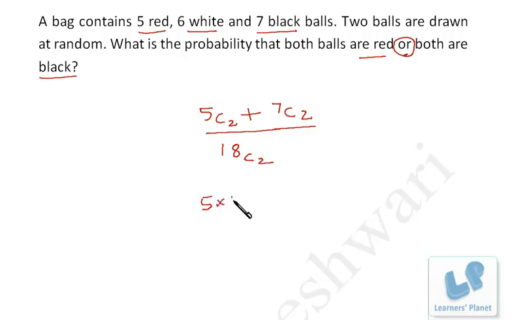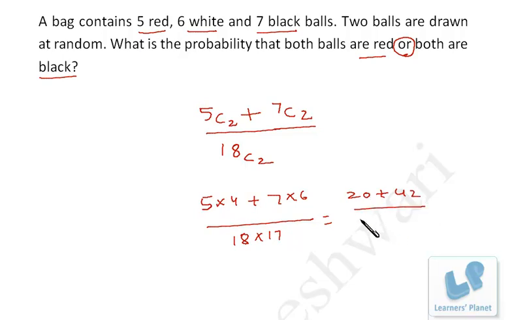It's 5 into 4 plus 7 into 6 by 18 into 17. So it's 20 plus 42 by 306, or we can say it's 62 by 306, or 31 by 153. Okay, so 31 by 153 is the correct answer. I hope you are clear.